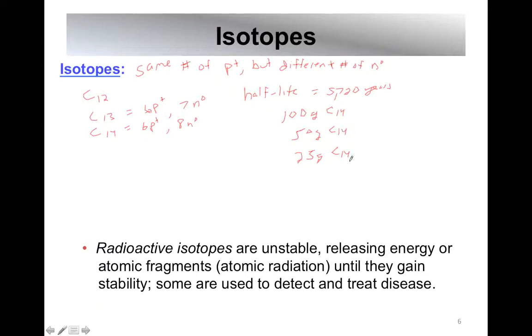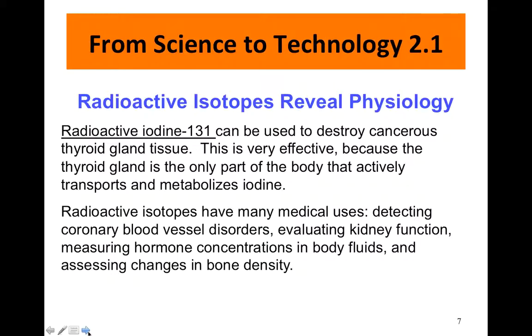Radioactive isotopes are unstable and they release a lot of energy until they're stable. And sometimes we use these to detect and treat diseases. So for cancer, we use radiation therapy, and we can also use it to find tumors. Here's an example of science to technology, one of these little boxes in there.